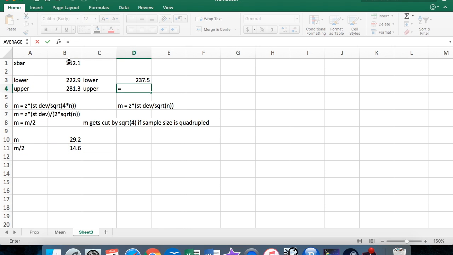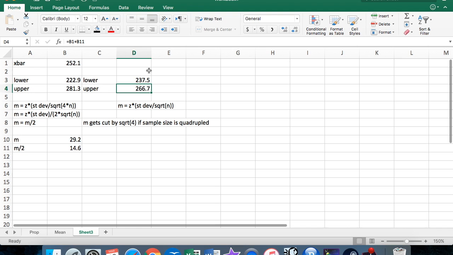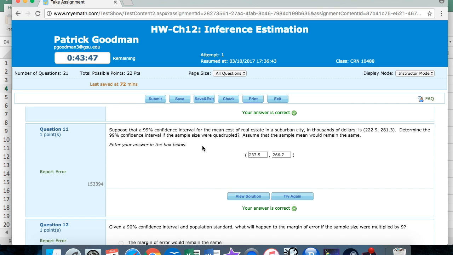And then take your x bar and add m divided by 2. Sorry about that, I confused myself there for a second. But this is the process, right? So this will be our new lower and our new upper. You copy that, throw them in there, and we see we got the same thing. So 237 and 266, 237, 266.